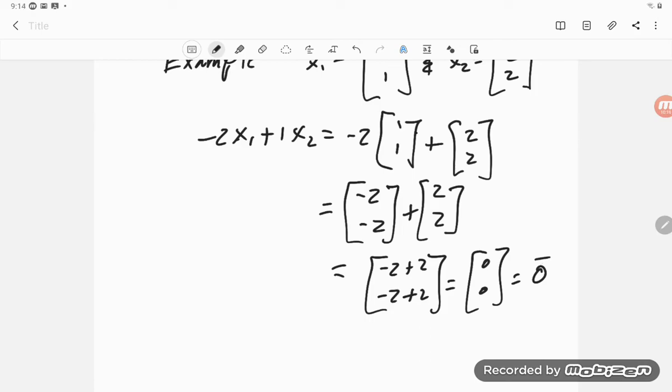So that gives me the 0 vector, and certainly those coefficients were not zeros.